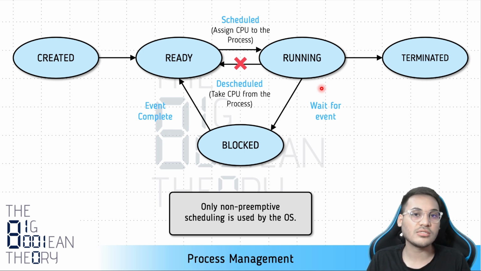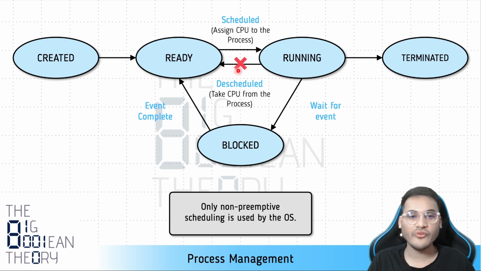Whenever you see such a question which asks about the transition diagram of a preemptive or non-preemptive scheduling policy, you have to focus on this transition. If it has been asked to keep preemptive scheduling policy, then this transition should be there.